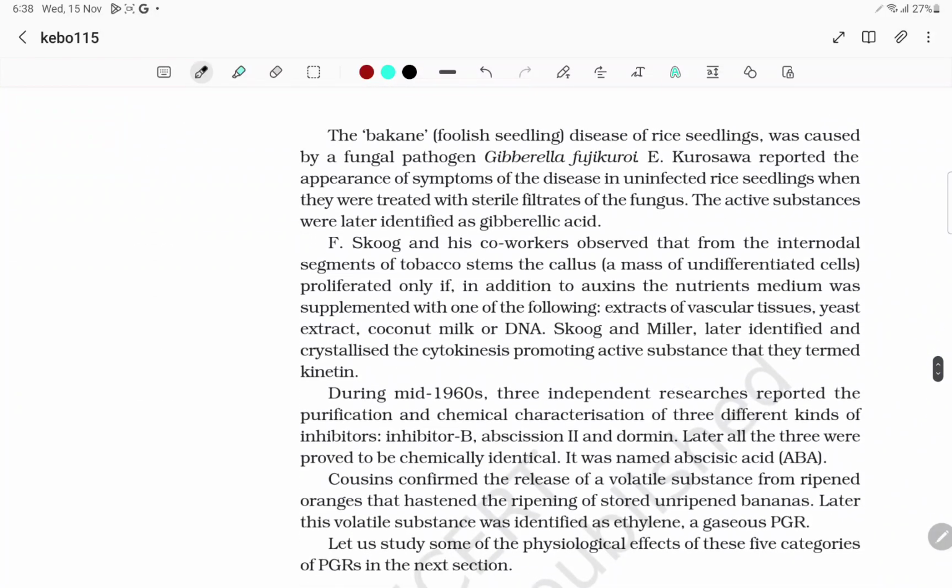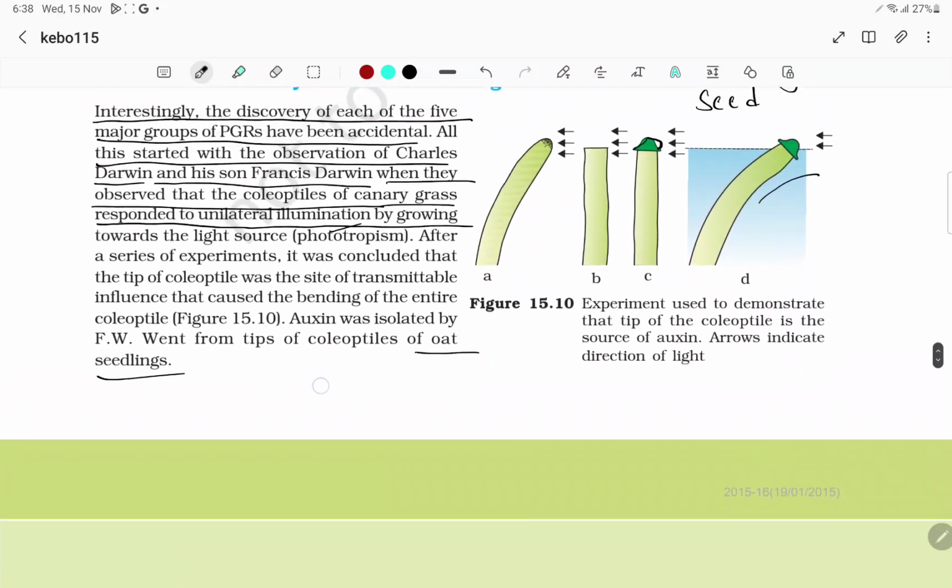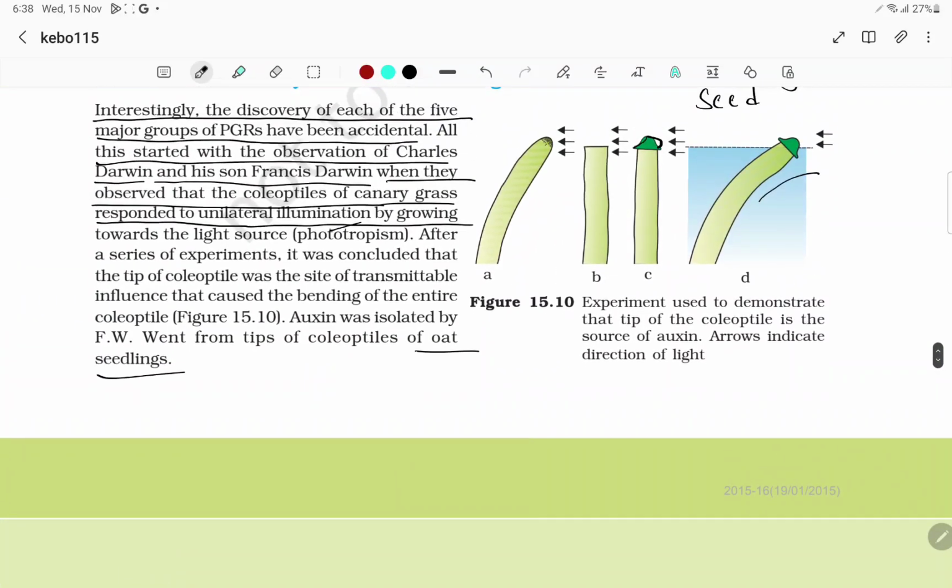One more thing to remember: the observations on the coleoptile of canary grass were made by Charles Darwin and his son Francis Darwin, and it was extracted from oat seedling coleoptiles by F.W. Went.